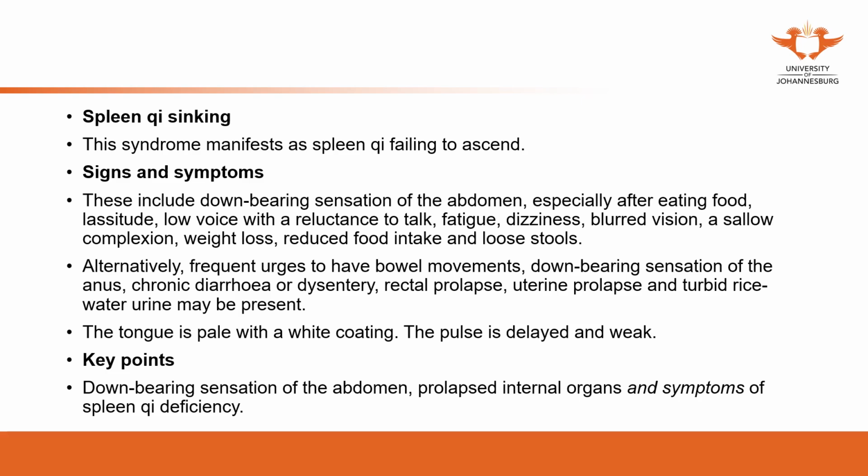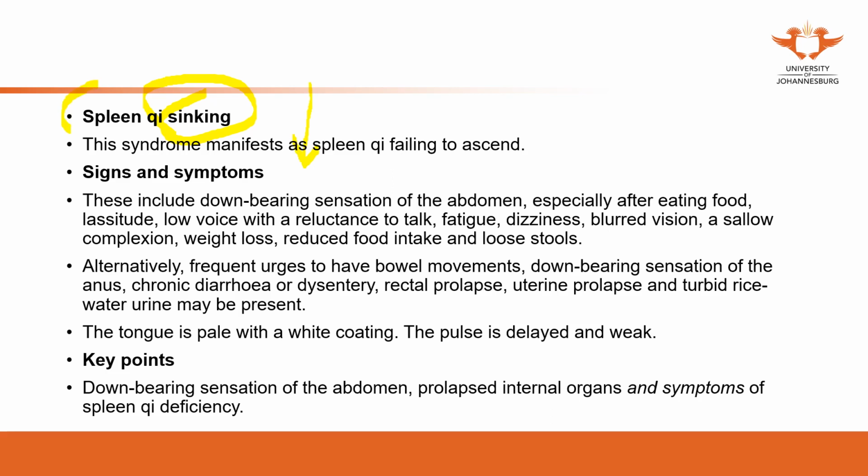Ascending, descending, that's sinking. Another word similar to descending. So when we talk about sinking, there must be something sinking, something descending, something moving downwards. So what can move downwards?